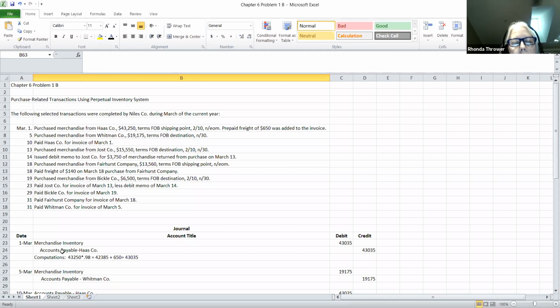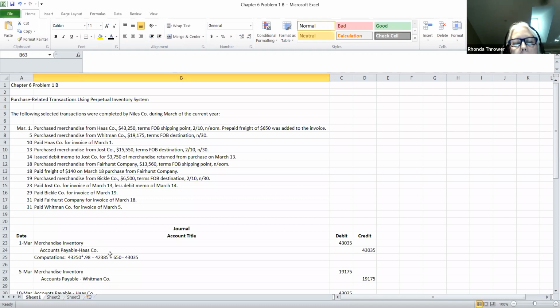In our general ledger, we're going to have the accounts payable account. But in our subsidiary ledger, we're going to keep a record of all the creditors that we owe money to. So the Haas company is going to be located in the subsidiary ledger.